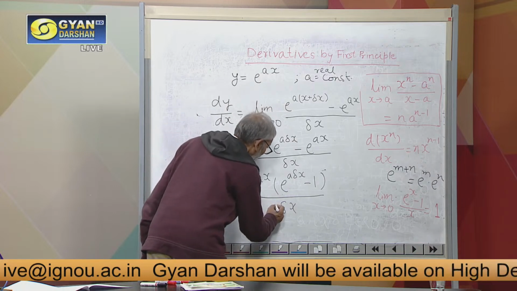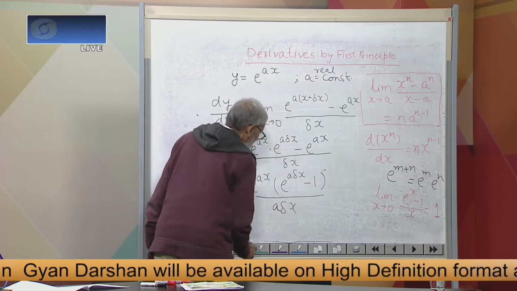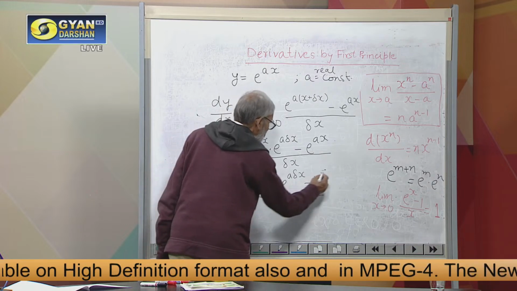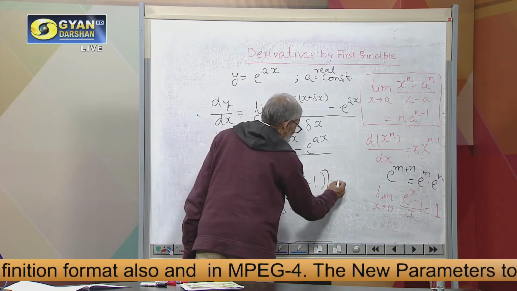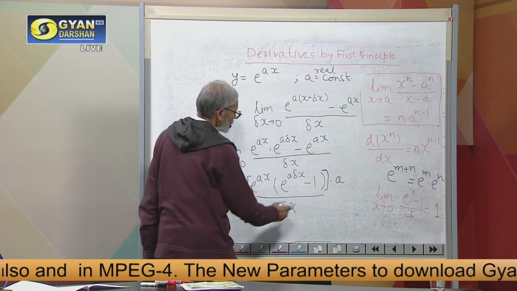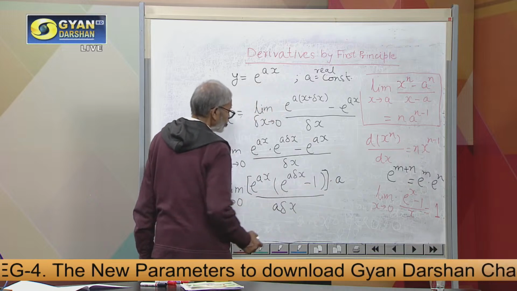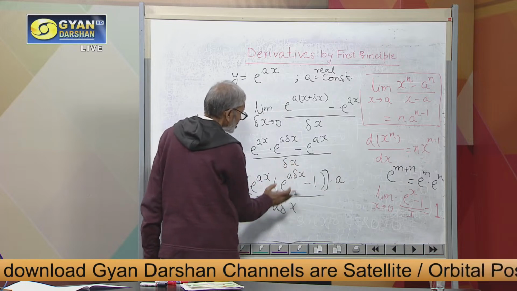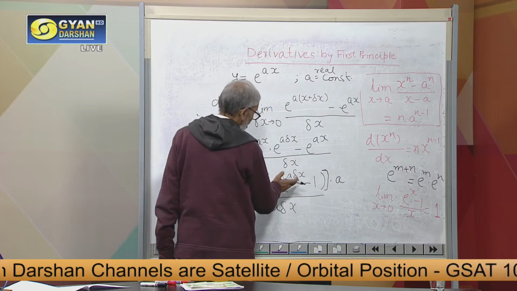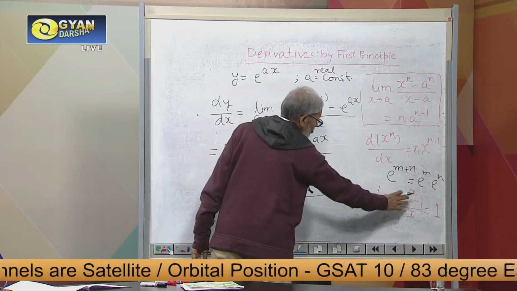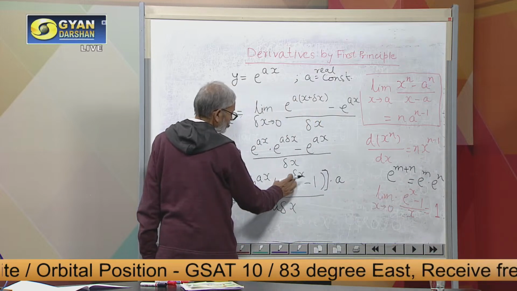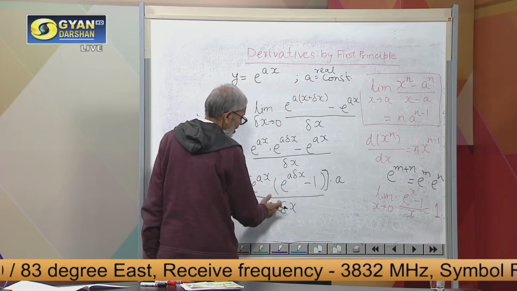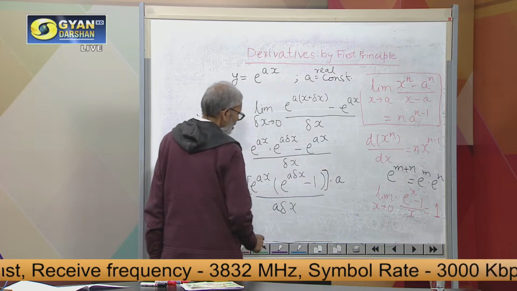So, we will multiply by a in the numerator and denominator both, because a delta x is here. To use this formula, since a delta x is here, we will put a delta x in the denominator and multiply the whole thing by a.